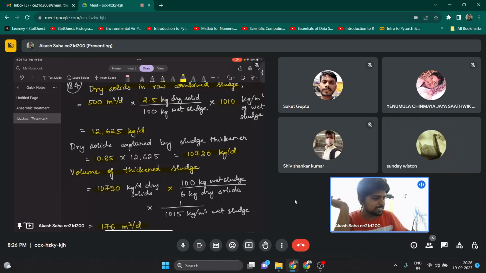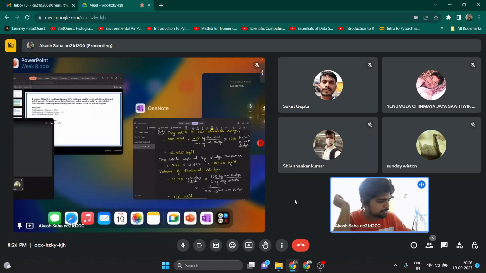Now here, in the first part we are finding the dry solids, but here now we have to find out the volume. So if you are finding the volume, my left hand side will come to the right hand side and everything will get reversed. So now it is 100 by 6 instead of 6 by 100, 6 being my percentage of solid content.